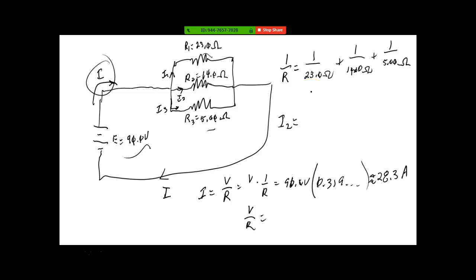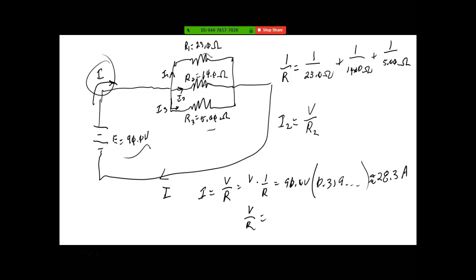When you solve for current, what's it equal to? I equals V over R. And because we're doing R2, we'll put R2 down here. We're doing I2.